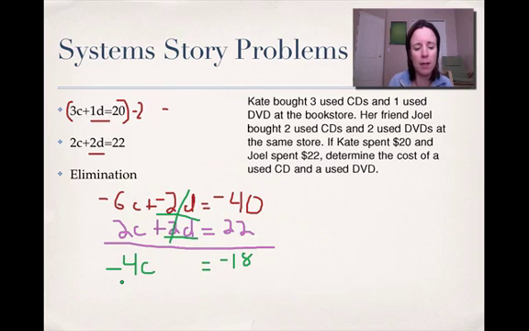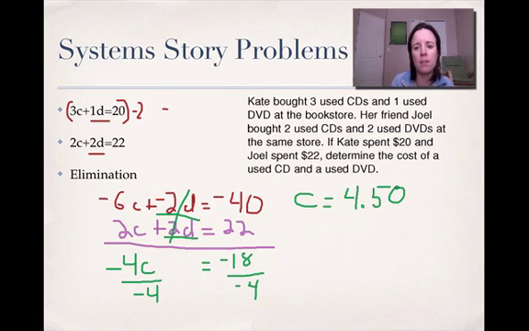So let's divide by -4. And we're going to get C equals 4.5. Now, since we're talking about money, we're going to go ahead and make it not just 4.5, but 4.50. So the cost of a CD is going to be $4.50.